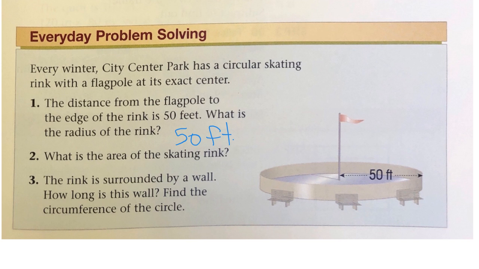Number 2, what is the area of the skating rink? So the area would equal 3.14 times 50 times 50. And 50 times 50 would give us 2,500.